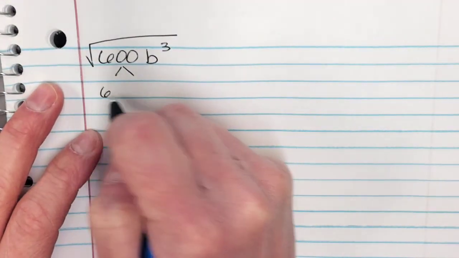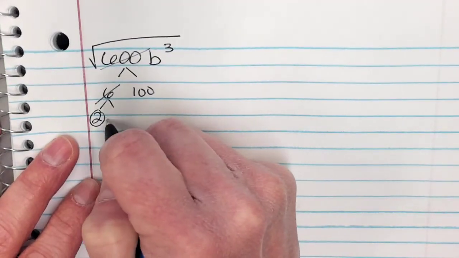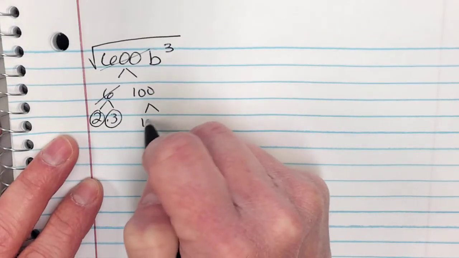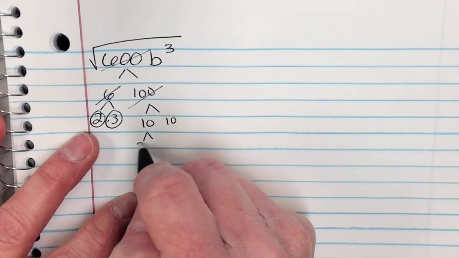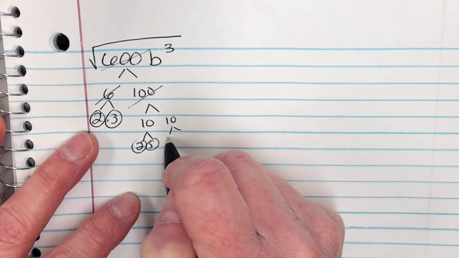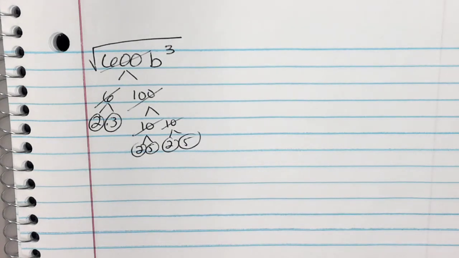When I look at 600, I look at 6 times 100. When I look at 6, I think 2 times 3. 100 is 10 times 10, or 50 times 2, absolutely. Then break down the 50, and you'll have 25 times 2. You just keep going. But eventually that 100 will give us a couple sets of 2s and a couple 5s.